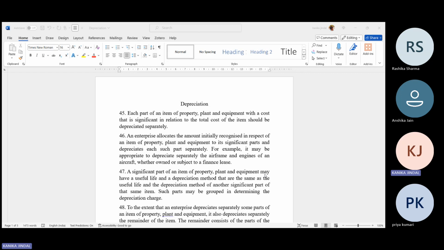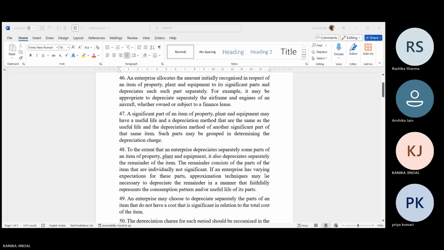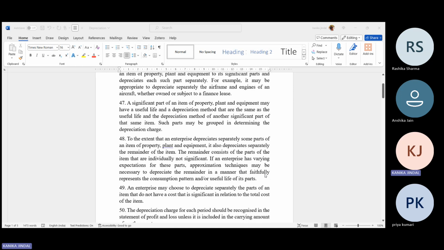One item can have many significant parts, and such parts may be grouped together in determining the depreciation charge.